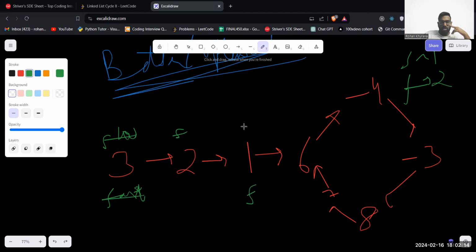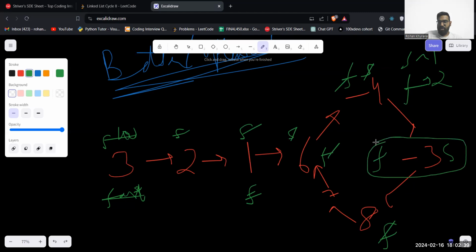Cool. Slow moves by 1. Fast moves by 2. Slow moves again by 1. Fast moves by 2. Slow moves by 1. Fast again moves by 2. Slow moves by 1. Fast again moves by 2.